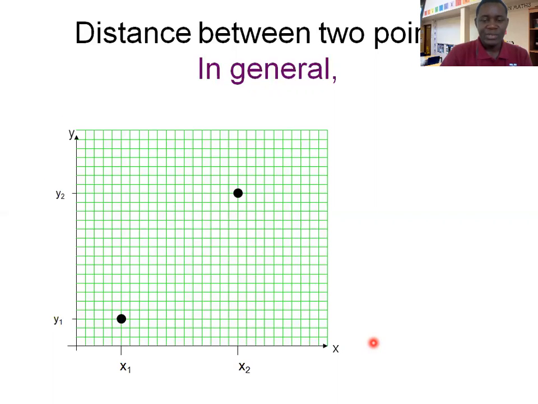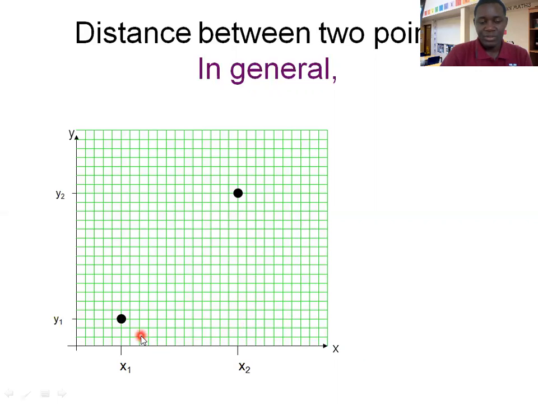Now, in general, we can make a generalization of what we have just done, and have a formula that we can call the formula for finding the distance between any two points specified on the Cartesian plane.